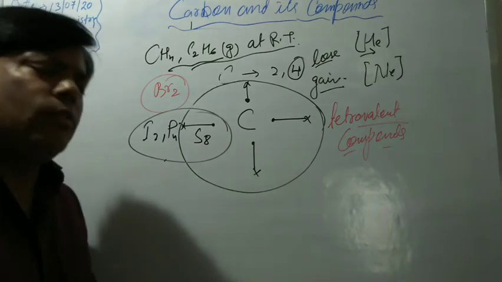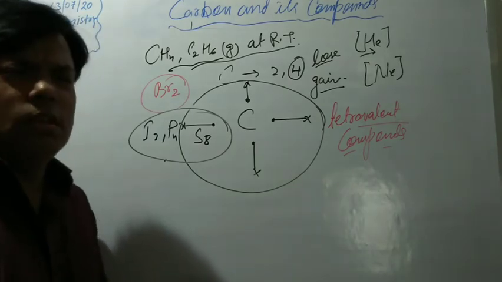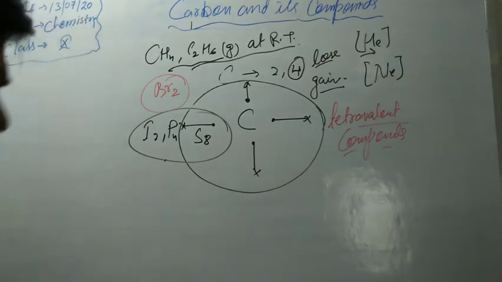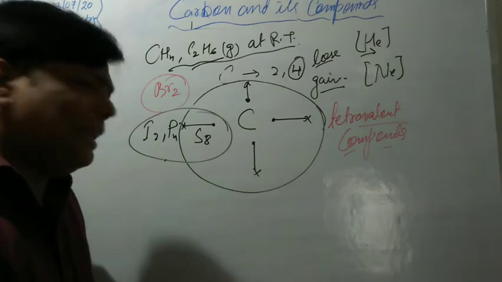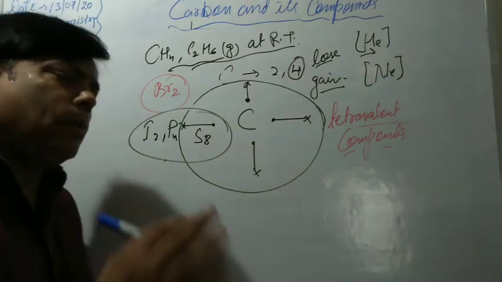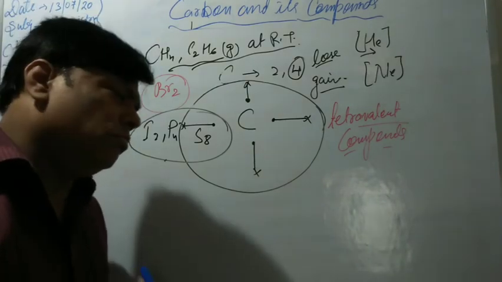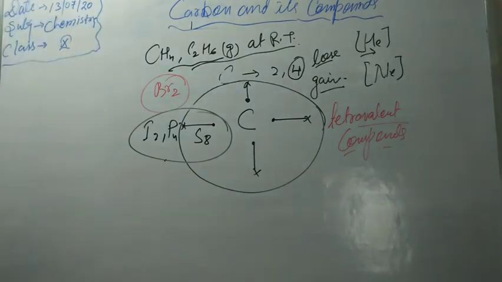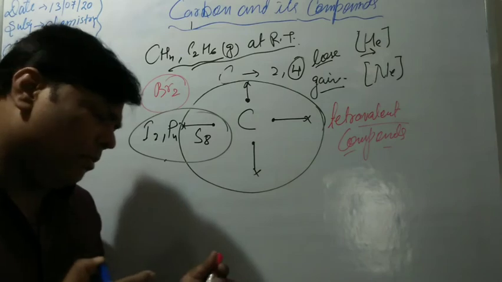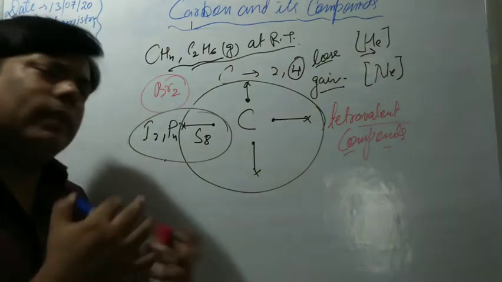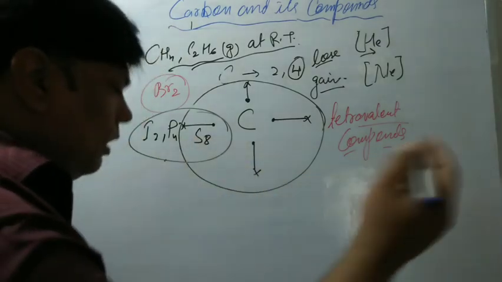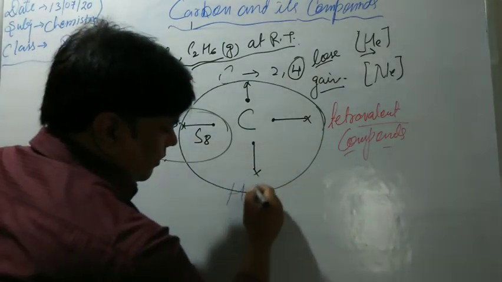The melting and boiling points of covalent compounds are comparatively low compared to ionic compounds. If we talk about electrical conductivity, normally covalent compounds cannot conduct electricity, but some can conduct electricity when dissolved in water, like HCl.